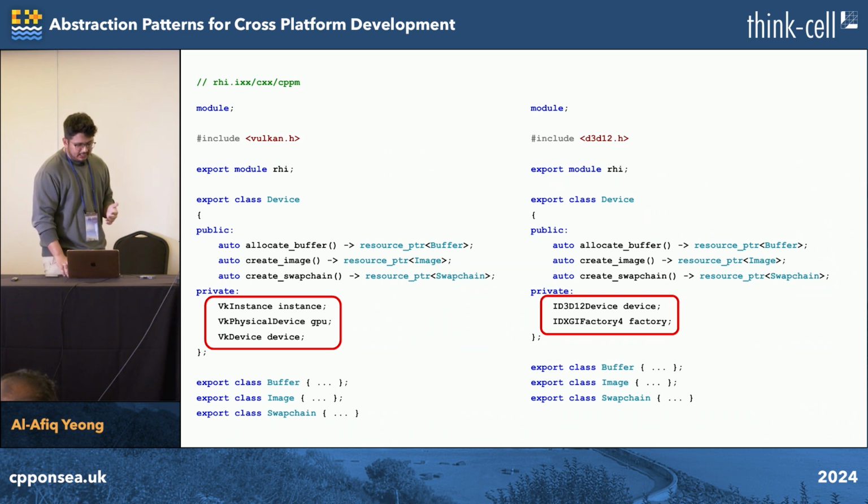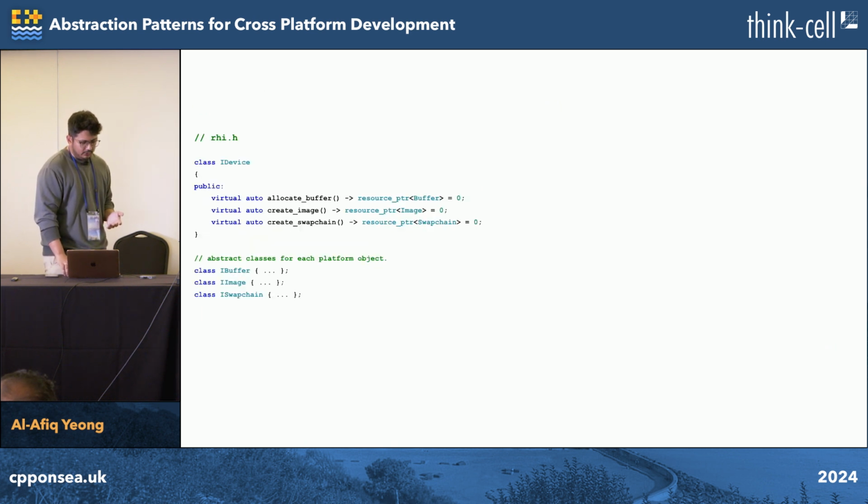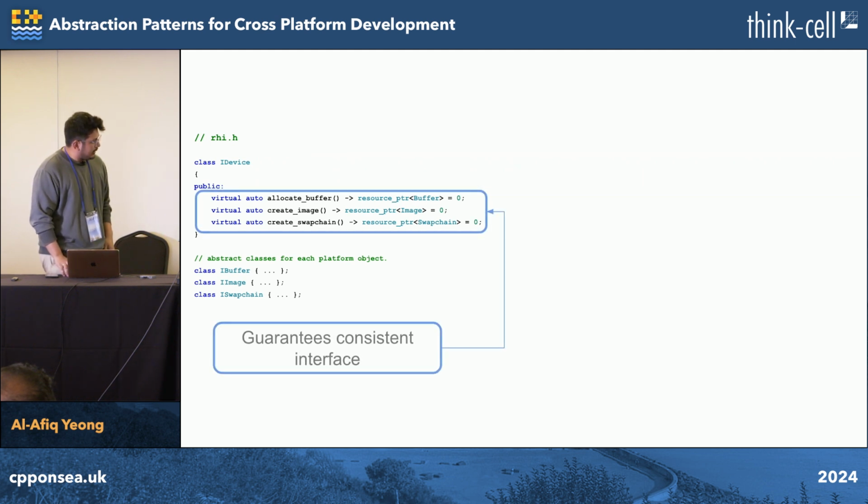So in order to provide that unified interface, what I would do instead, going back to our runtime polymorphism example, is create an abstract class that has all the methods that we want to expose as pure virtual. We do the same for all of the resources. And that pretty much guarantees a consistent interface.